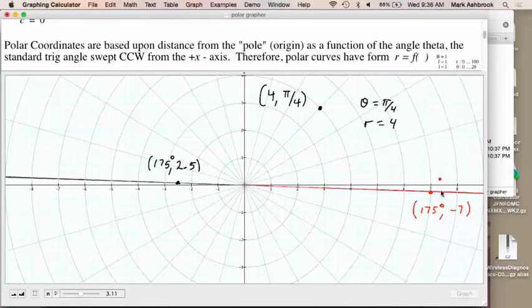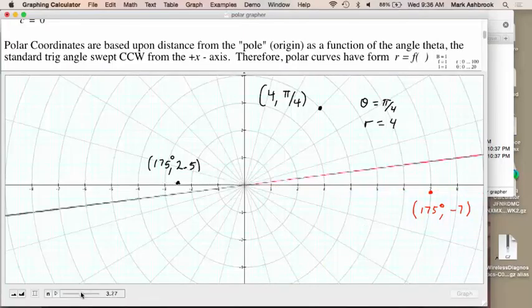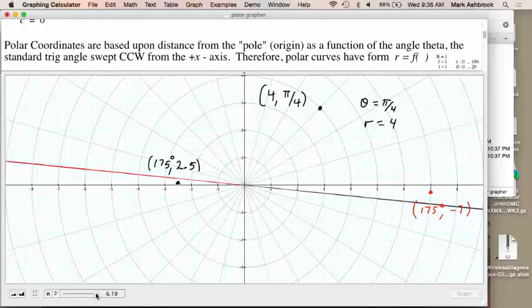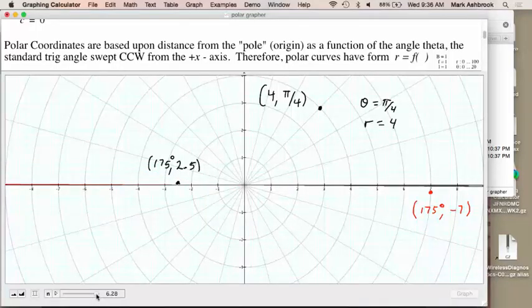But that same point in the plane could be expressed another way. If I came around here, how else could I express that point? So what angle would give a positive r of 7?